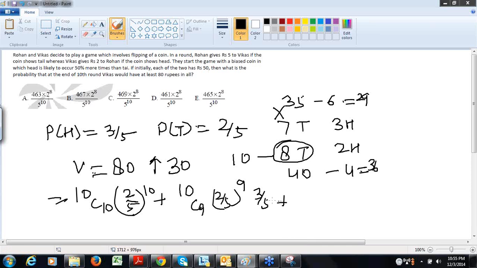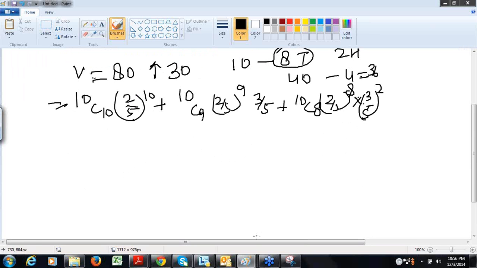plus 10C8 into (2/5)^8 into (3/5) whole square.